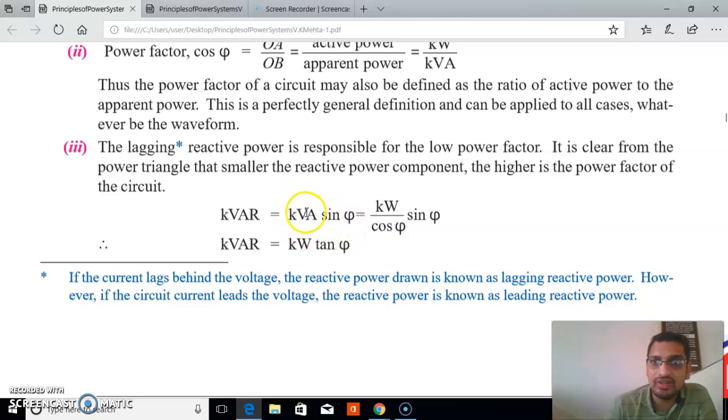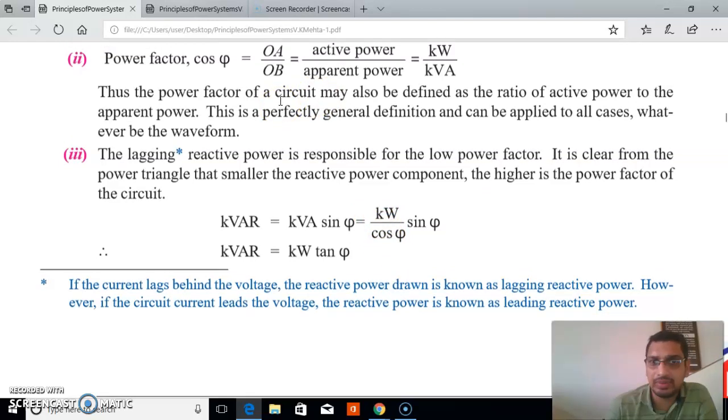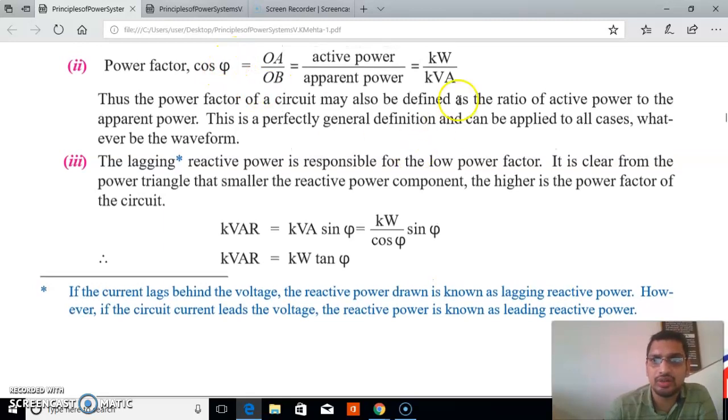And what is kVA? kVA is nothing but kW by cos phi. From the previous one, cos phi is equal to kW by kVA, so kVA equals kW by cos phi.